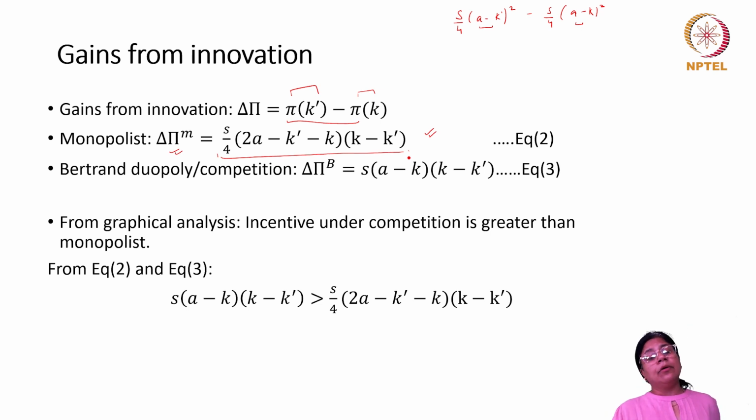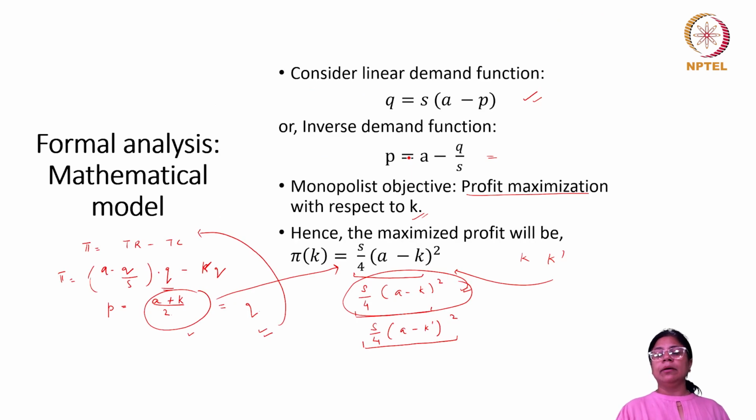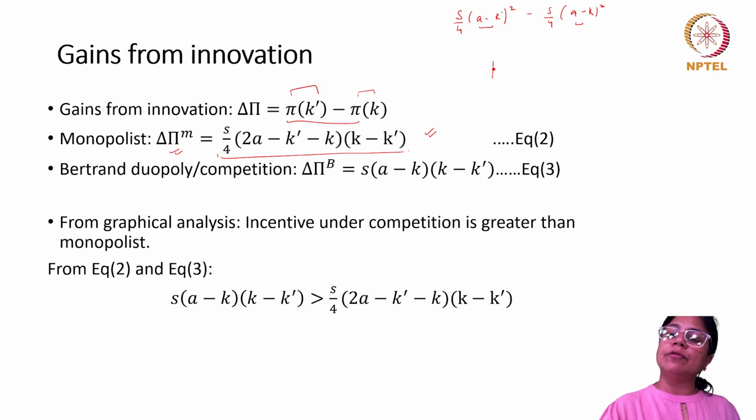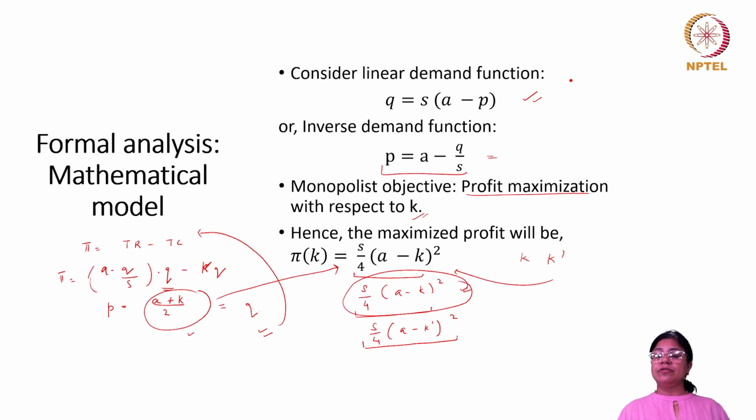On the other hand, when we look at the profit which now will be made by the Bertrand duopolist, or one of the firms which has now come up with the process innovation, their profit calculation is rather very simple. How come? So you have this particular P which you get from your inverse demand function.